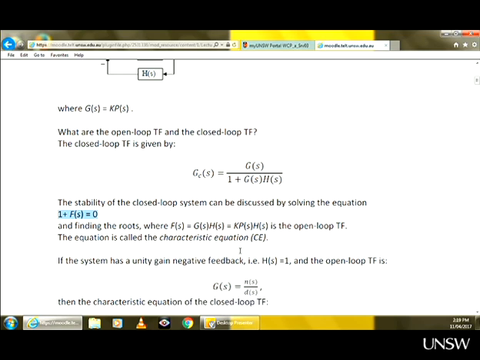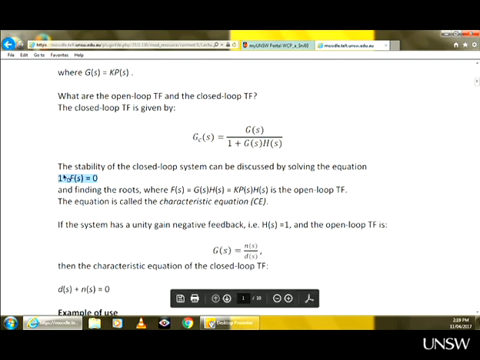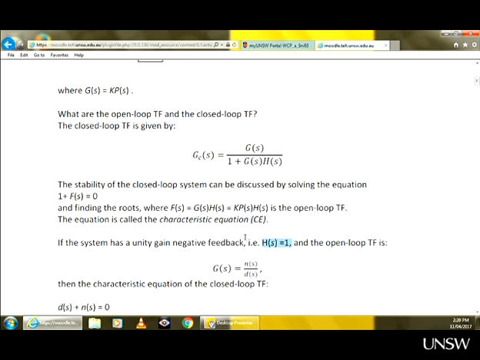So we are going to look into this expression here. We are going to assume that H of s is 1, as we did so many times so far. But just remember that if H of s is not 1, then the open-loop transfer function equals G of s times H of s.